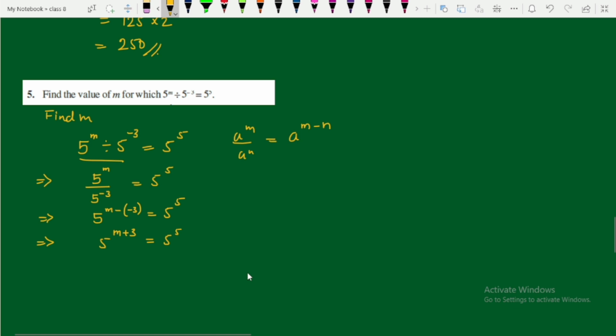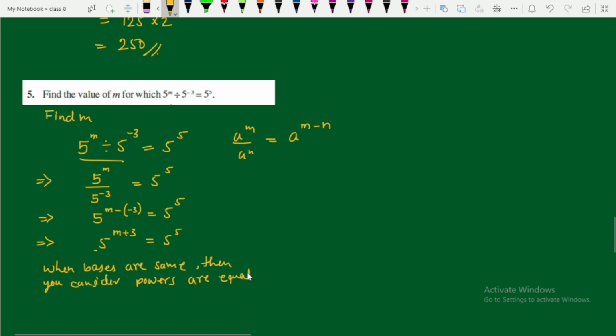Now when bases are the same, then you can consider the powers equal, so that you will get the value of m.